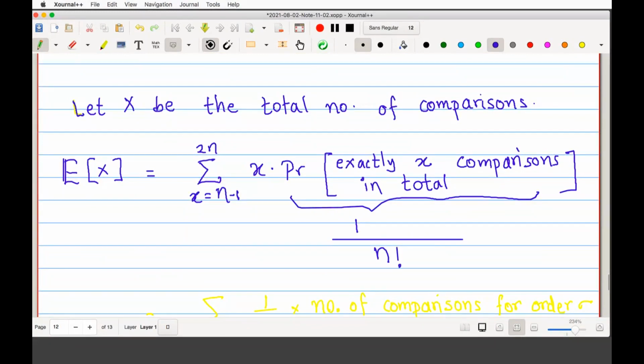So this probability is nothing but the number of input orders which will see exactly x comparisons, divided by n factorial. So that is the probability. Does that make sense?